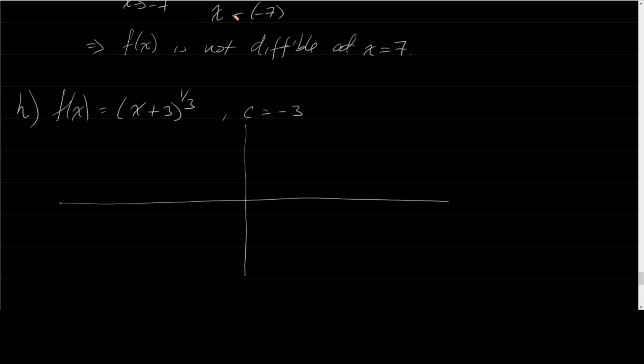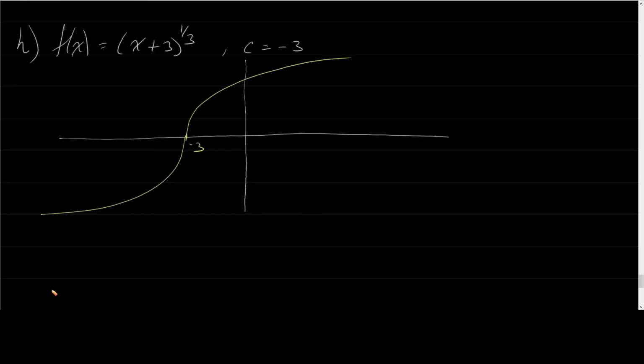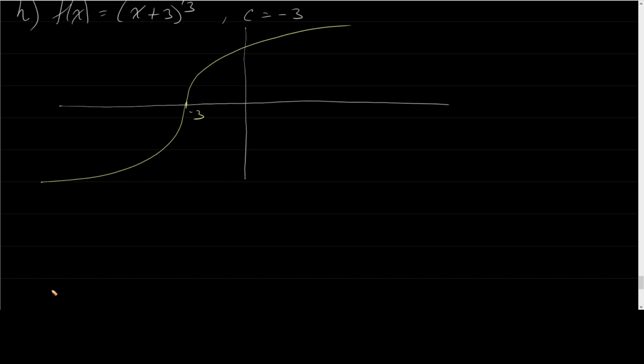So let's say that this right here is -3, and this function looks something like this. All right, that's essentially what that function looks like. All right, so let's see what happens with this one.